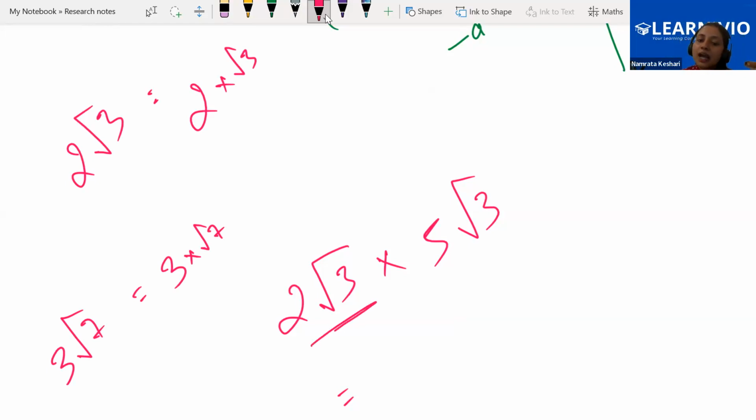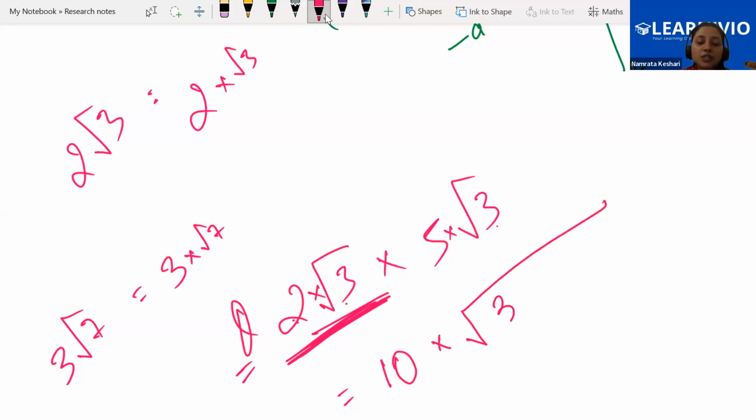Okay, so when we have to do the multiplication of 2 root 3 with 5 root 3, all are in multiplication with each other. We can multiply number with number. 5 with 2, we can do the multiplication, that is 10. And this root term will collaborate together, and both will come inside one root sign.